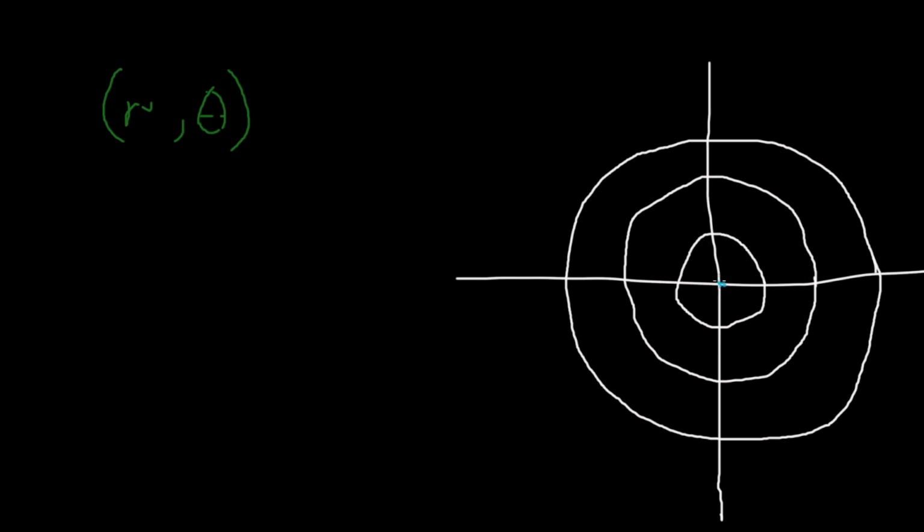Go to the center, and as we know, this is the x-axis. This is the y-axis, and this is the positive x-axis. And if you want to measure theta, we start from here and then we go counterclockwise.